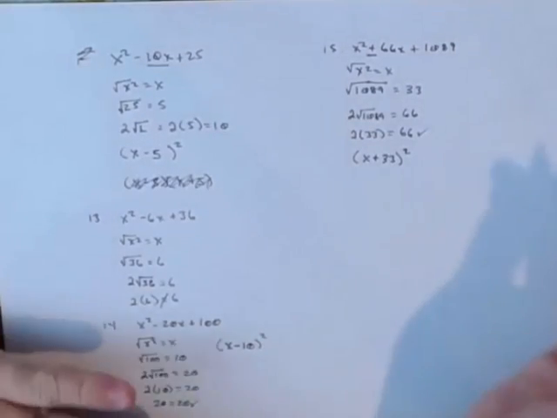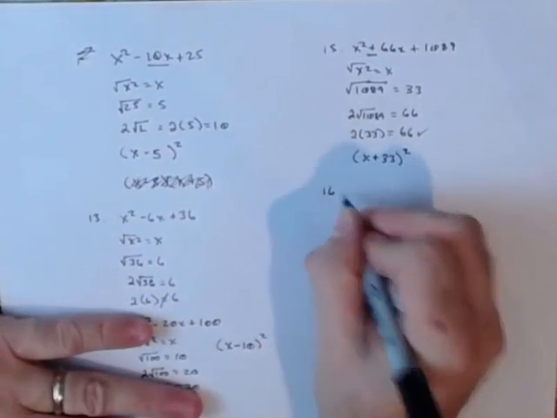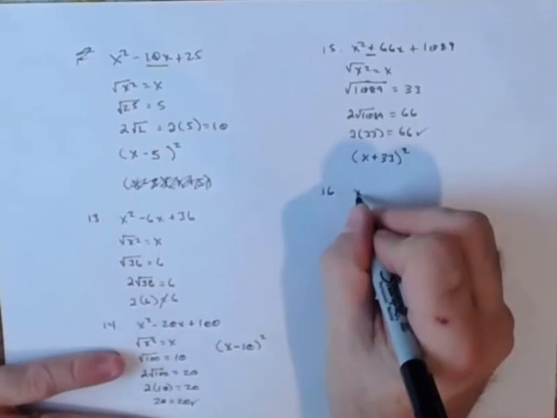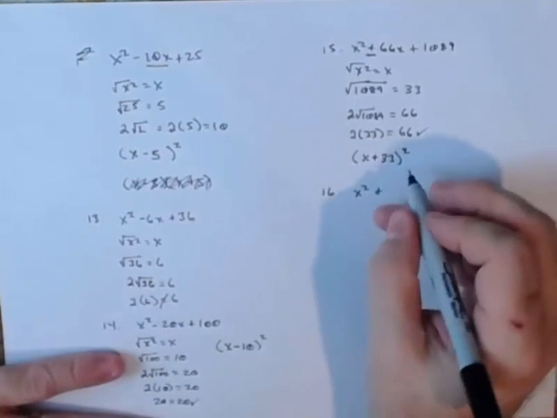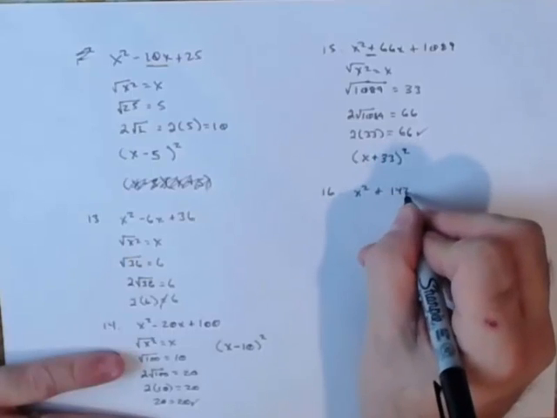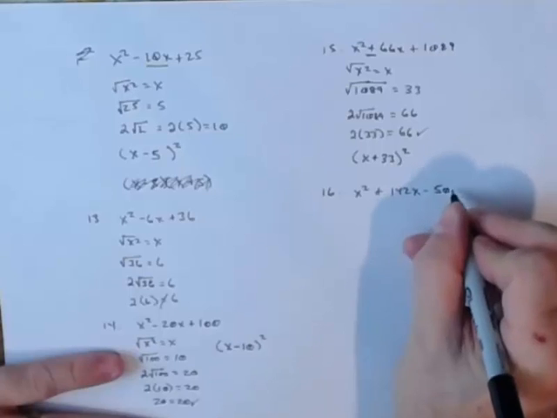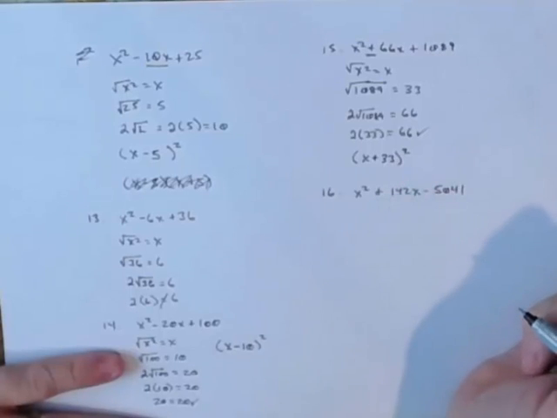And number 16. X squared plus 142x minus 5041. Again, I don't have a calculator, so I'm glad I've got my little bird here to tell me.